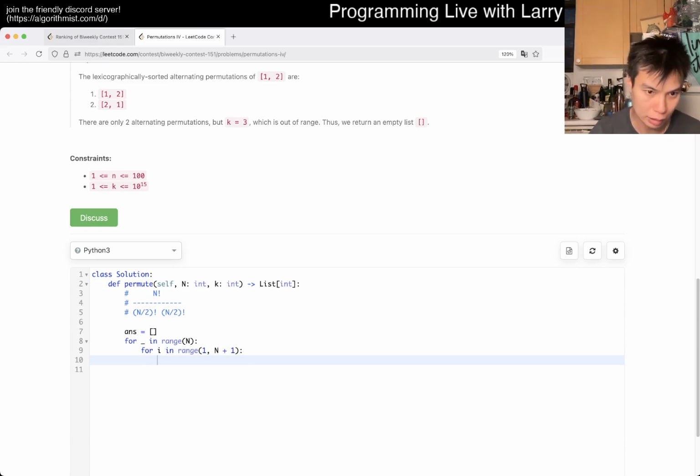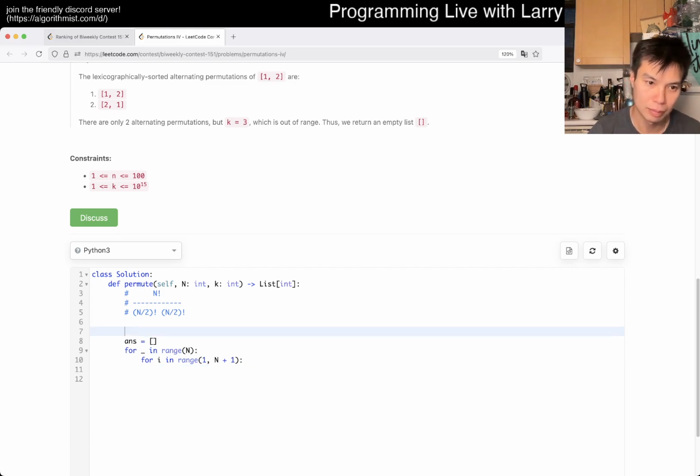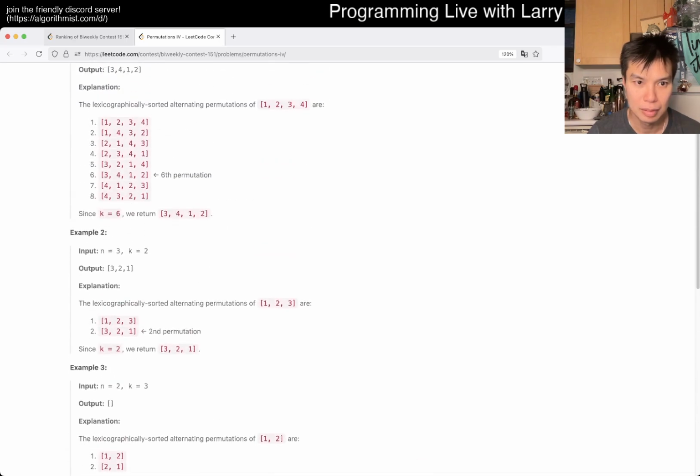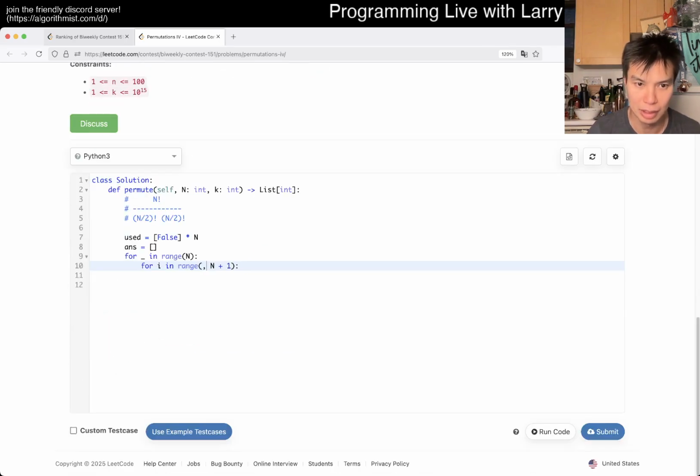So then here we have some function that's count. I just give it 0 index. I think actually it doesn't matter. And then if not used i, then we want to try it, right?